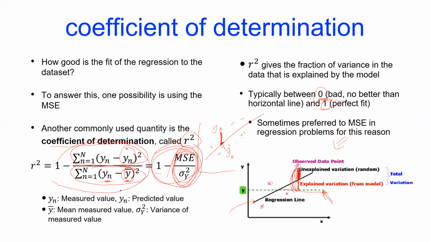MSE is good enough, but this one takes into account the MSE and also the variance of your target value, so this is a more comprehensive measure. So sometimes we like to have R square. At least R square is a very common measure. Does this make sense? Any questions about this R square?